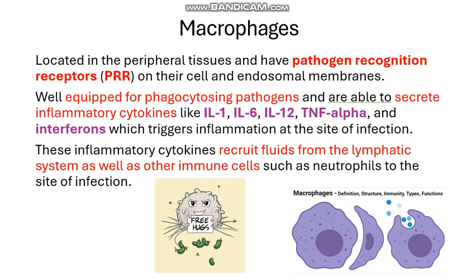This inflammation at wherever the macrophage, the PRR, has picked up an antigen, by stimulating inflammation through these inflammatory cytokines, the macrophage is recruiting fluids from the lymphatic system, which is why we see swelling in inflamed areas, as well as recruiting other immune cells like neutrophils, which are going to help us fight the infection.